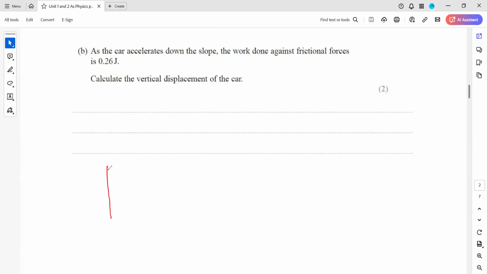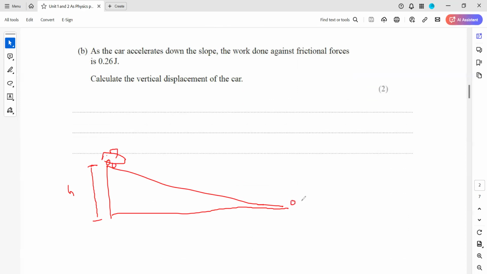Because the car is on the slope, it is released from the top of the slope. This is the height which we need. And the car is released from this point. Now it has the kinetic energy we calculated in the previous part. The kinetic energy of the car at this point is 0.54 joules.